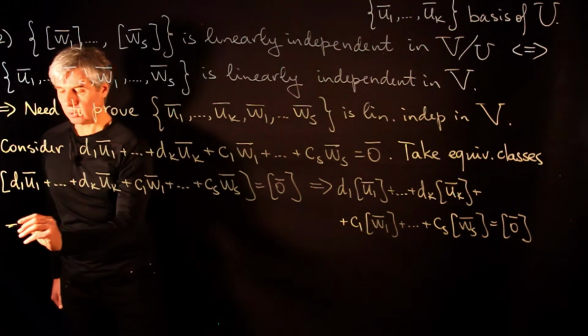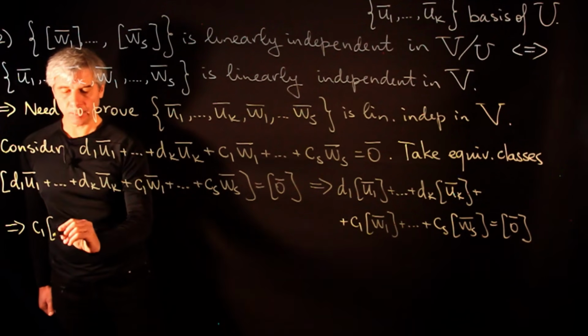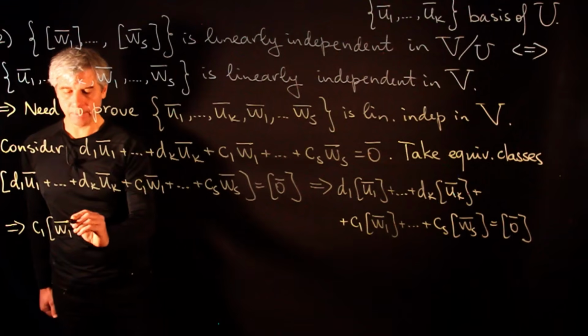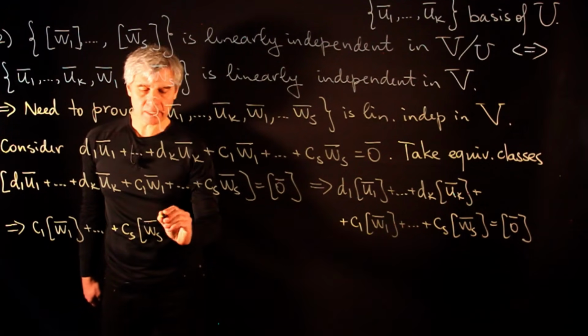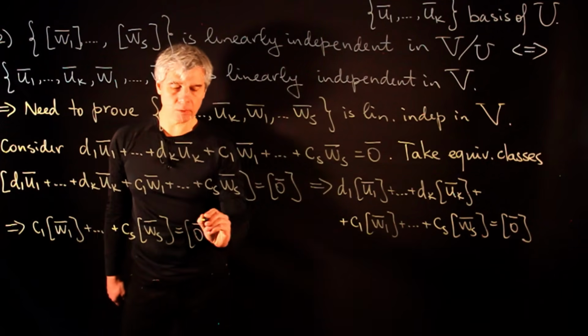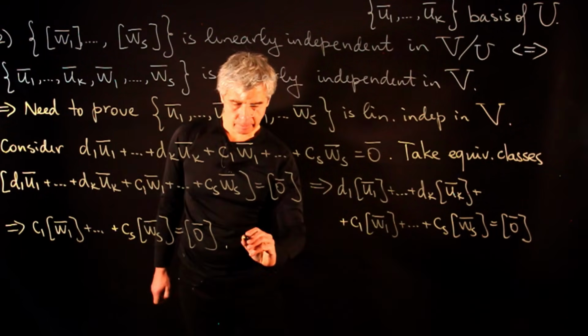So from here we conclude that C1 times the equivalence class of W1 plus ... plus Cs times the equivalence class of Ws is equal to the 0 equivalence class.